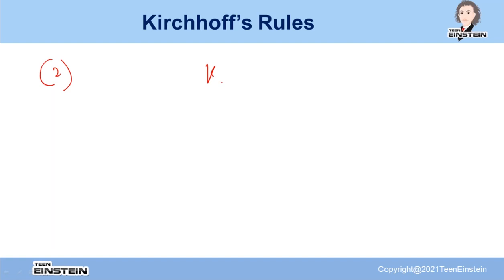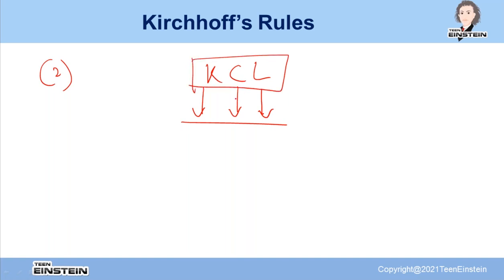Because in the first rule we just deal with current. The second rule is the loop rule.